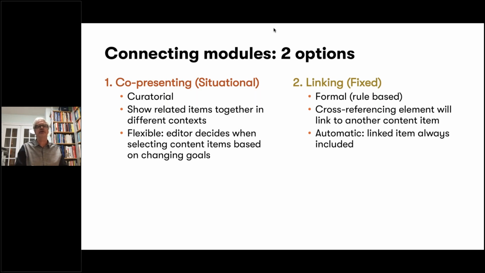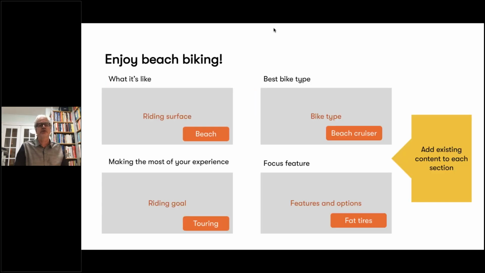So I'm going to start by just showing you the more situational co-presenting style, because I think that's a little easier to show how this works. So let's imagine we have a screen or a web page, however we're delivering this to our customers, and we have a headline, "Enjoy beach biking."